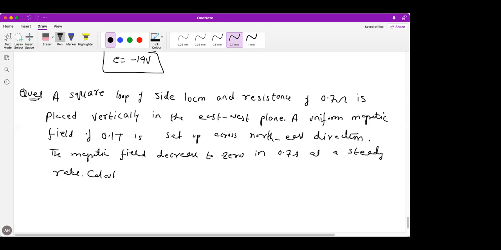Calculate induced EMF. Do it and write your answer in chat. See, theta is given as 45 degree. Northeast means 45 degree.